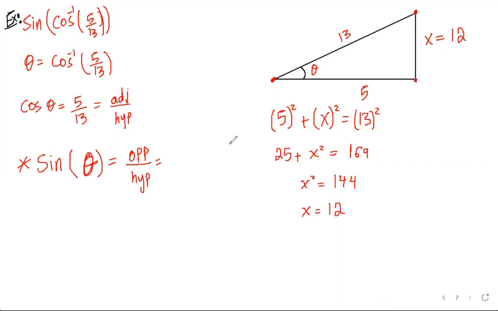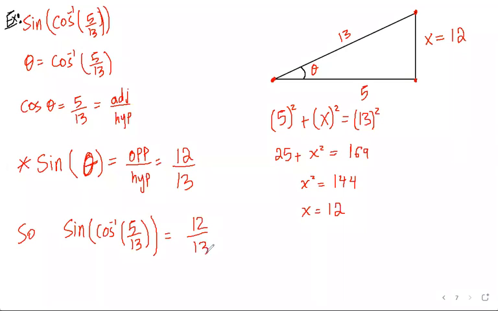The opposite is 12 over 13, and this is my answer. So sine of cosine inverse of 5 over 13 is 12 over 13. Any question?